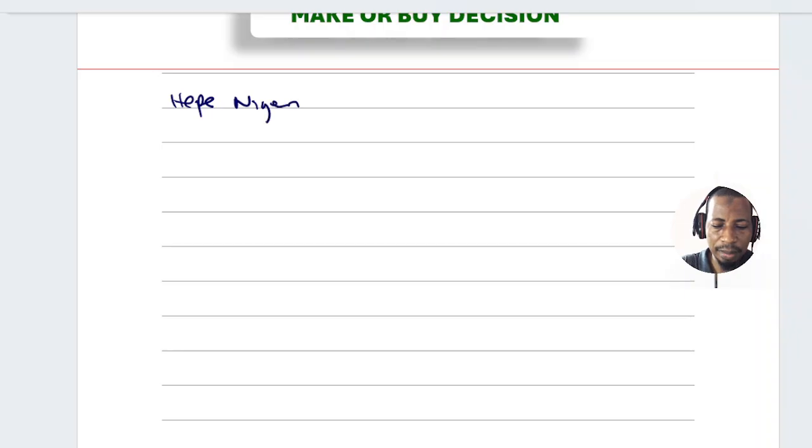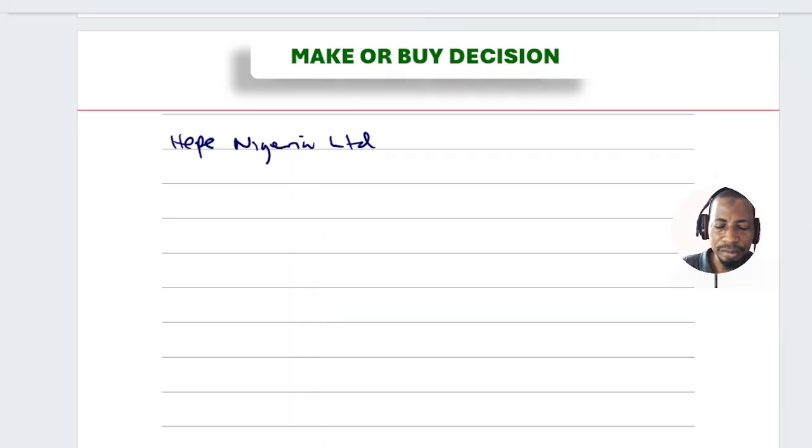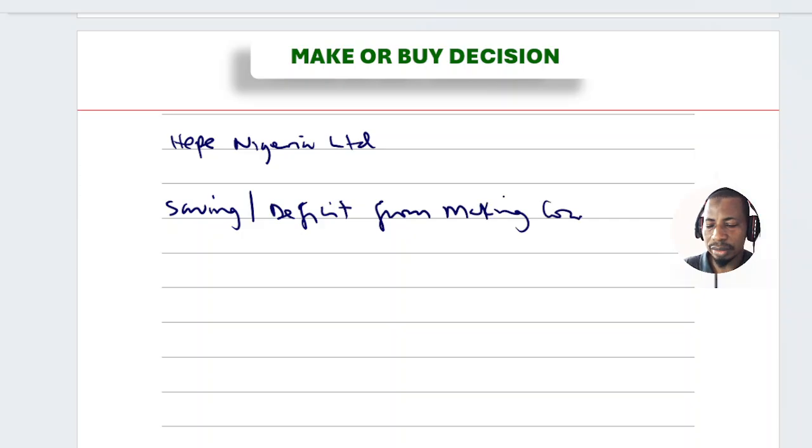Then I will say savings or deficits. Remember, we have a format, from making component KP6.